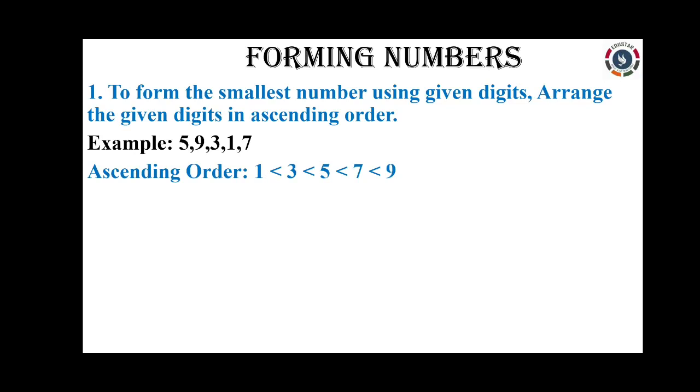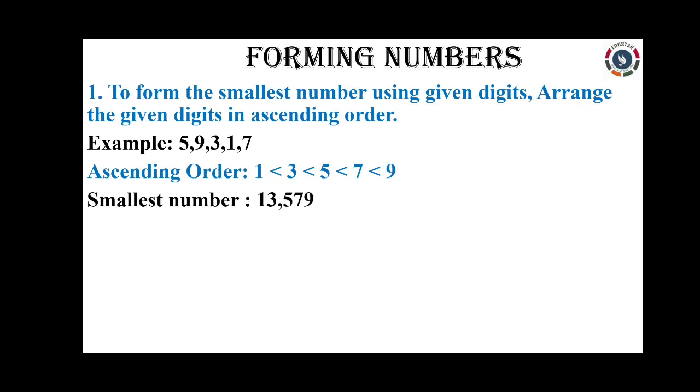So in ascending order, the given digits are 1, 3, 5, 7, 9. So the smallest number is 13,579.